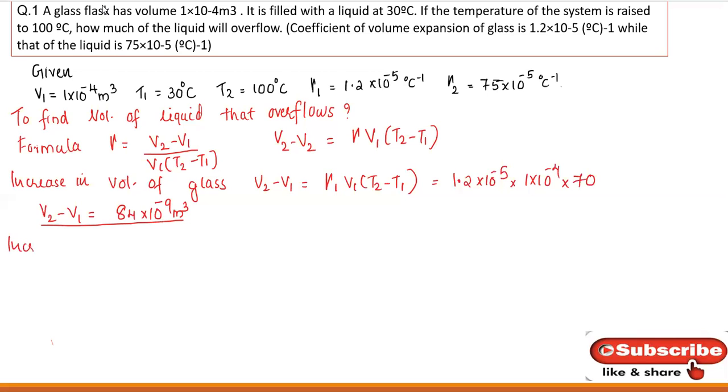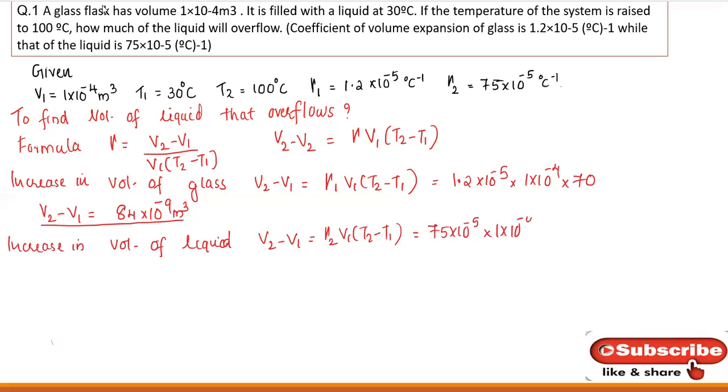Now we will find the increase in volume of liquid. For the liquid, V2 minus V1 equals gamma 2 V1 (T2 minus T1). Gamma 2 is 75 × 10^-5, into 1 × 10^-4, into 70.